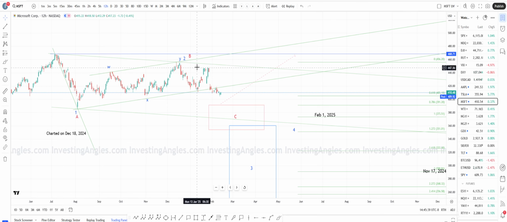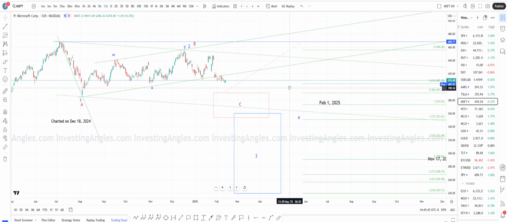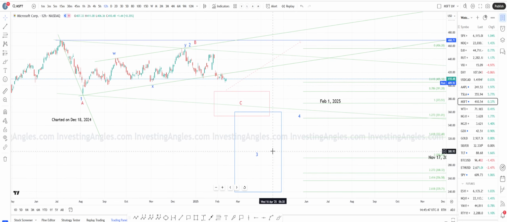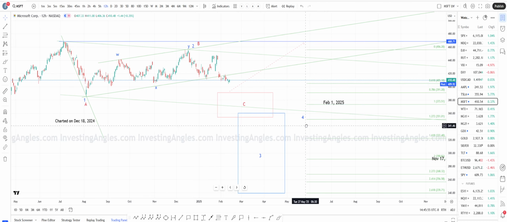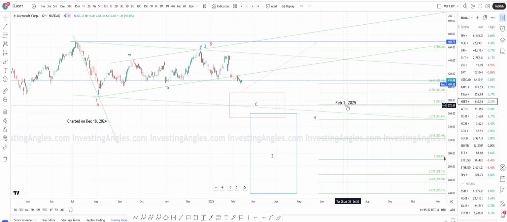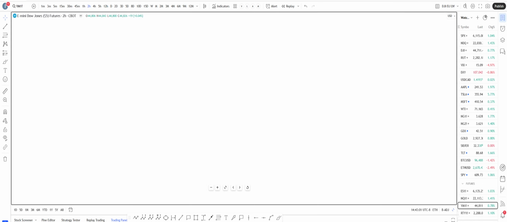So now we are looking for either finding support in the red area or making a bigger impulse and targeting this blue one. But right now at this point, it's a bit early to say. So far, let's say the red target is the most typical one for the next move.